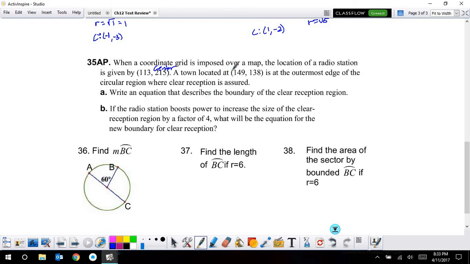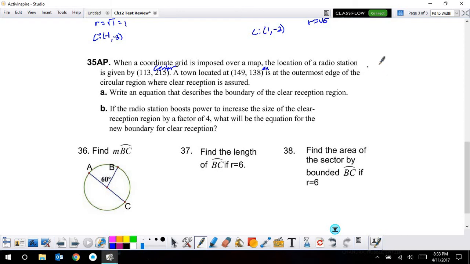And then it says a town located at (149, 138) is on the edge of the circle. So that's on the circle. It's working kind of the same way as 34, just bigger numbers. And then it wants us to write the equation of the circle.